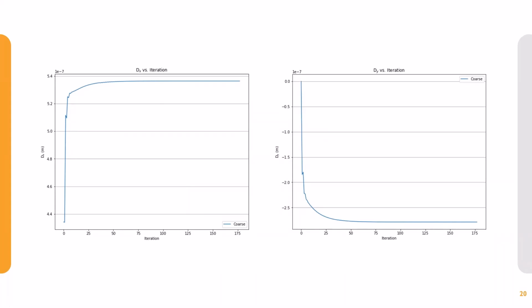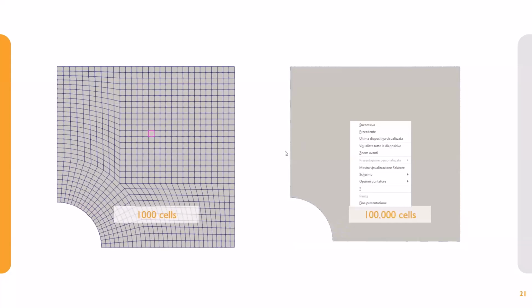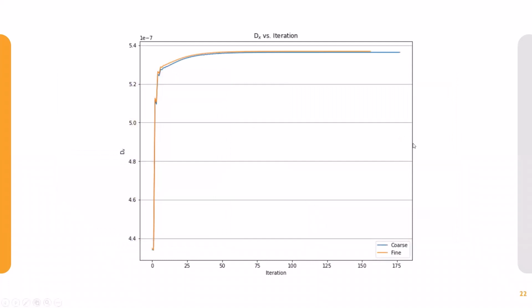So pretty standard. Let's compare the converged solution in a coarse mesh and a fine mesh. The coarse mesh has 1,000 cells, and the fine mesh is 100,000 cells, so 100 times finer. You can see that I've highlighted the pink dot here, at a similar location compared to the fine mesh, which is in orange here.